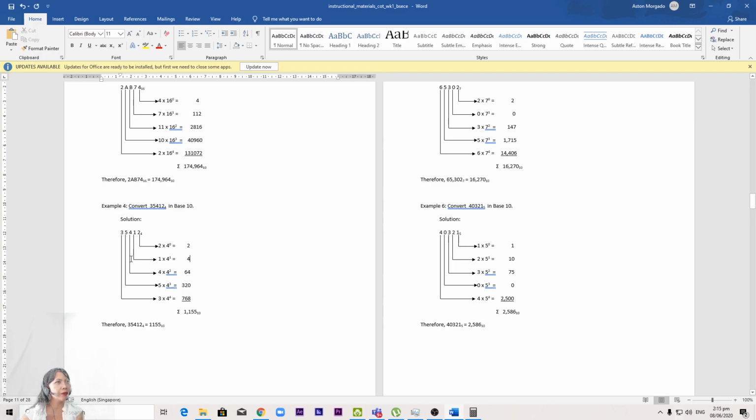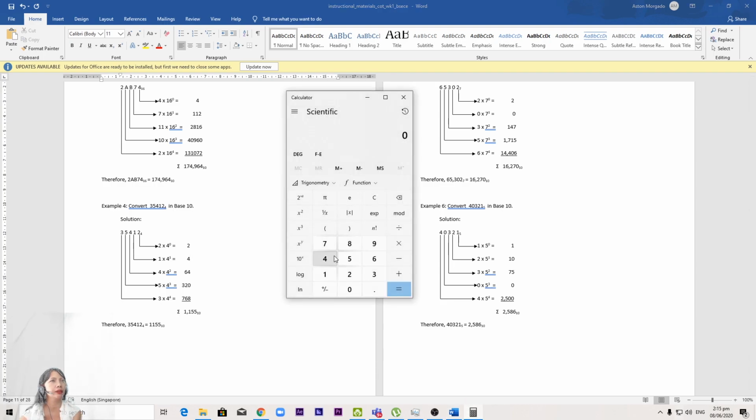Then 4 times 4 square. 4 square is 16, times 4 is 64. And then we have 5 times 4 cube. 4 cube times 5 is 320.